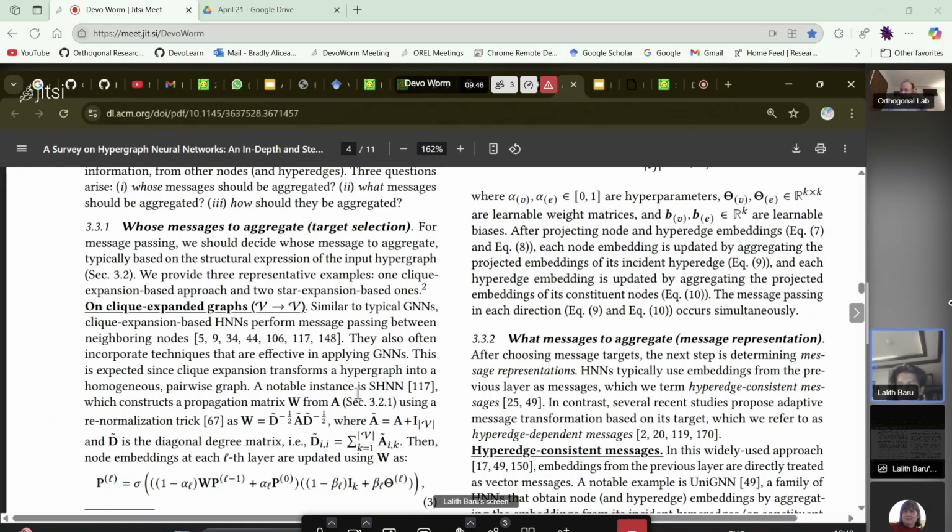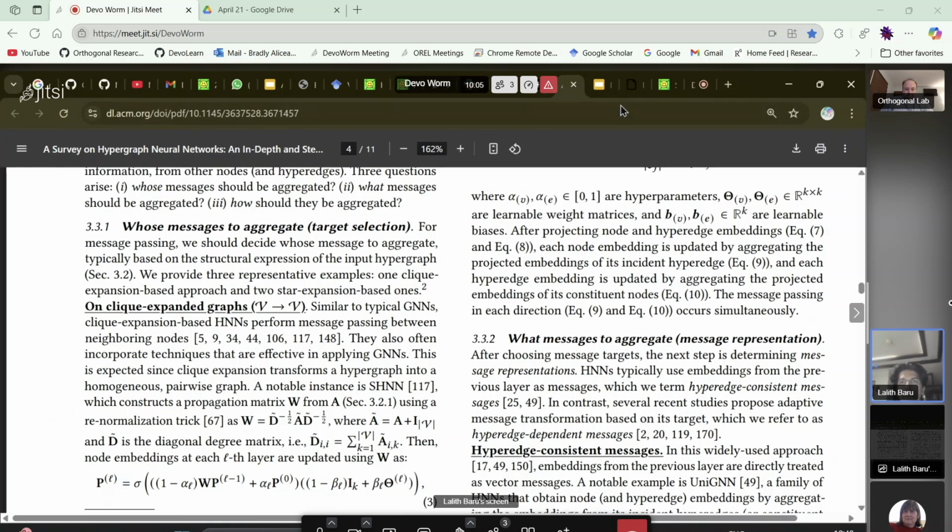Once we do this clique expansion, it becomes a dyadic, single order interaction. There is no higher order interaction. On top of this dyadic interaction, how can we induce these hypergraph properties? That is what they have tried.